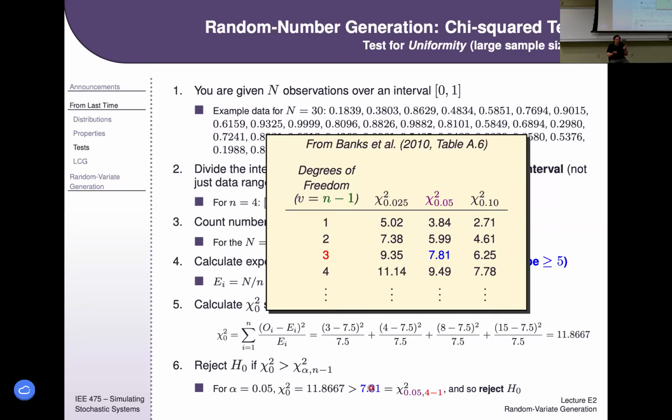That's bigger than our 7.81. So we reject the hypothesis of uniformity, and we say these show a sign that they are non-uniform. We will be wrong in saying they're non-uniform no more than 5% of the time. It would be very unlikely that these numbers came from a uniform random number generator.